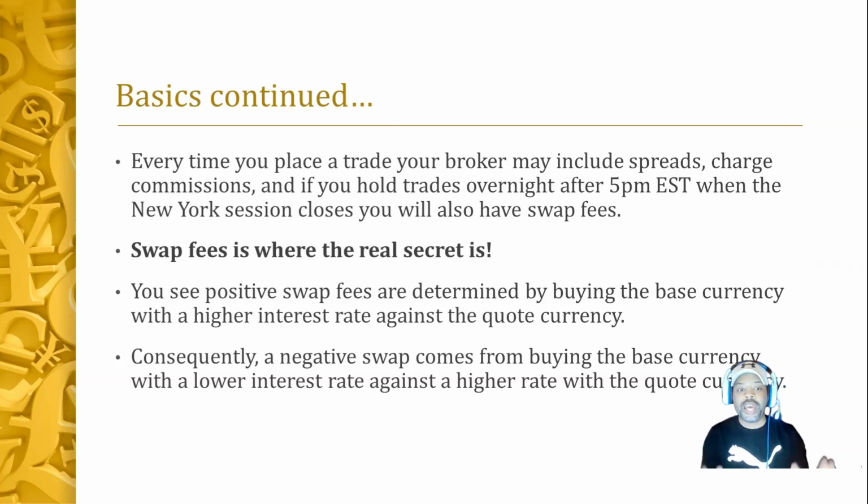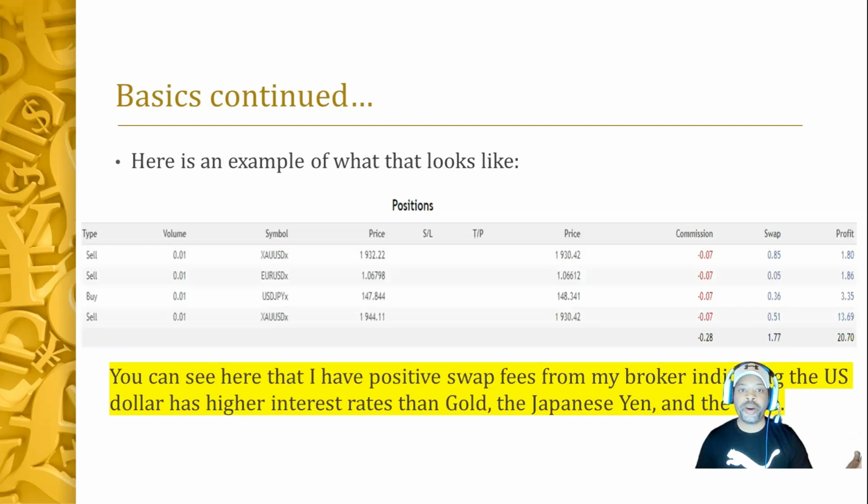That right there is a significant amount of information that is a game changer, in my opinion, because just knowing that information tells you what you should be doing. It tells you if you should be buying or selling. It tells you which currency pair is more valuable, which is powerful information. So let's take a look at what this actually looks like.